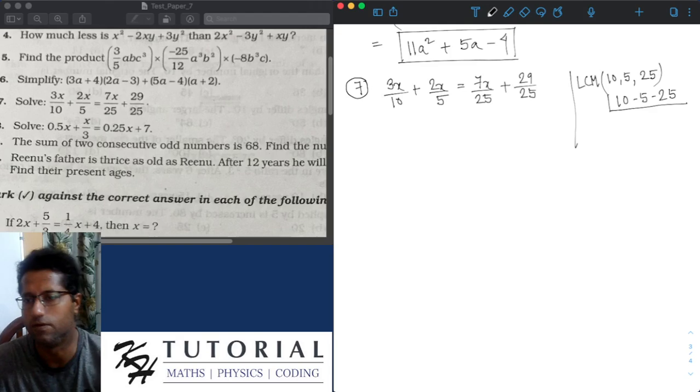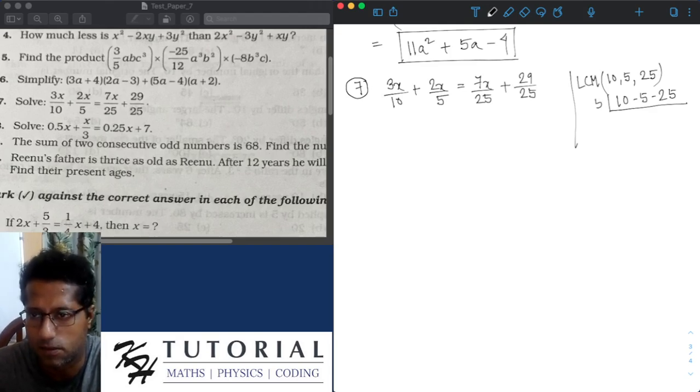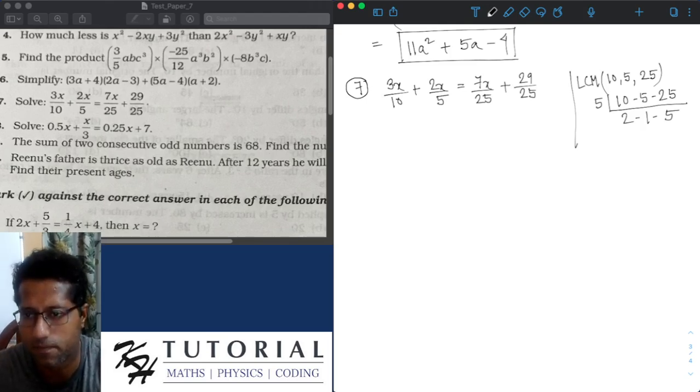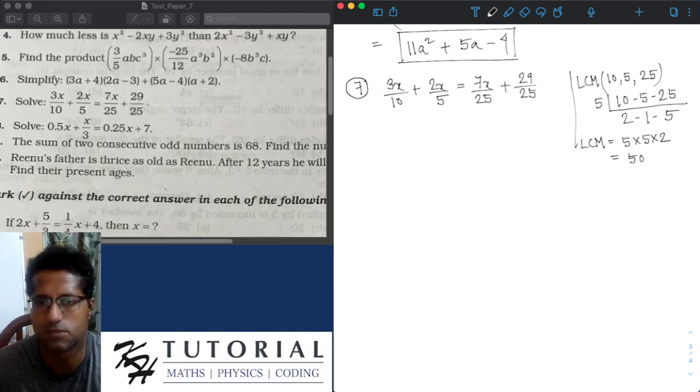First we will divide with the least prime number, that is, we can divide by 5, 2, 1, 5, and so the LCM is 5 into 5 into 2, that is 50. The LCM is 50.